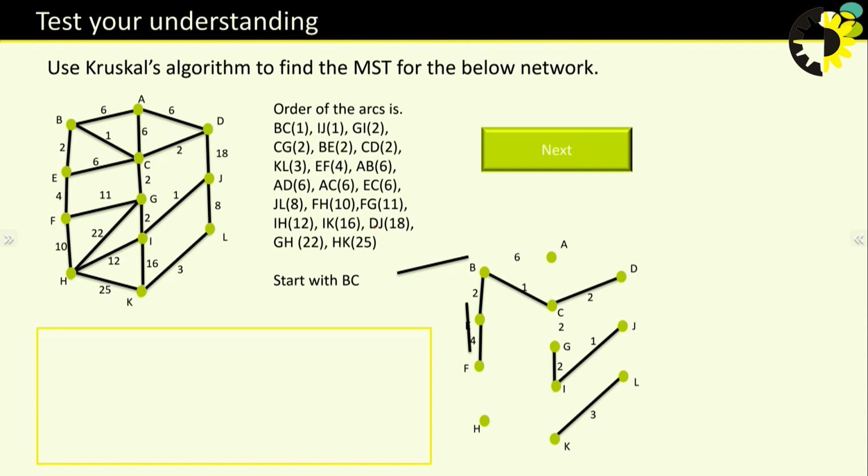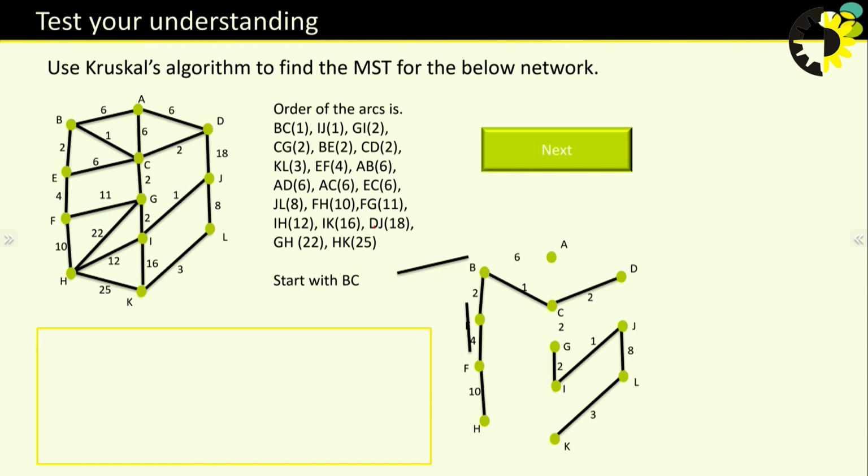Next, EC 6. If you consider EC, then EC also creates a cycle, so it will not be considered. Next, JL 8, we will consider it. Then FH 10, we will consider it.